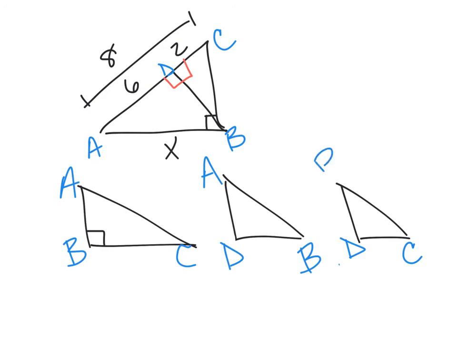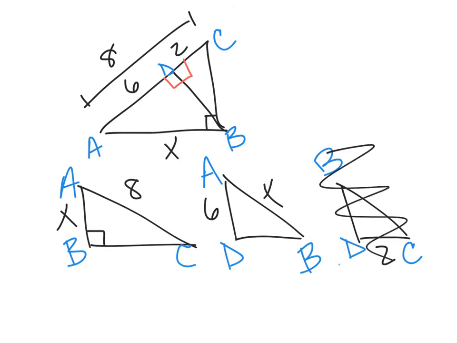That makes that B. Let's put our numbers on and see if that's the right way the theorem works. So AC is 8, AB is X, and AD is 6. And yes, I know that DC is 2, but I don't care because that's the only information I have on that triangle. So I don't even care about this triangle over here.